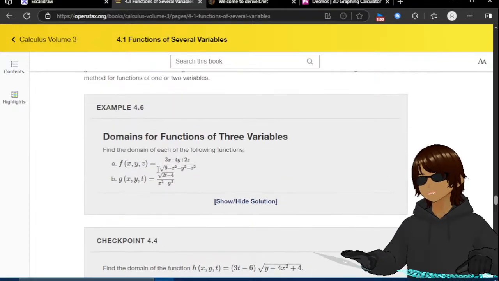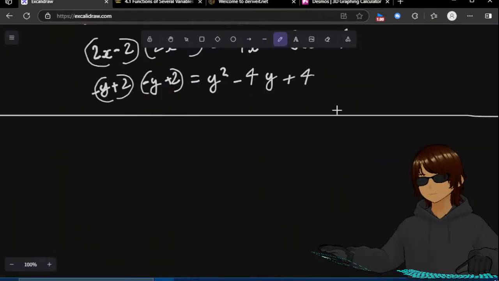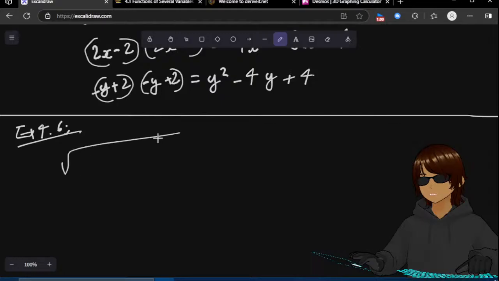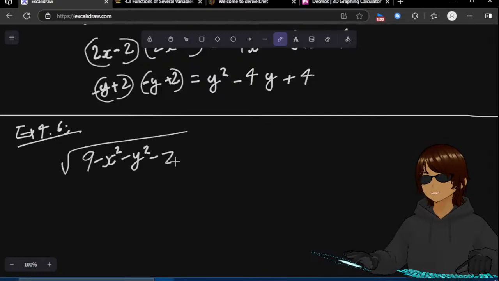Domains for functions of three variables. So the numerator can be anything, but the denominator, there's a square root. This is an issue. So 9 minus x squared minus y squared minus z squared. And this is example 4.6. So root of 9 minus x squared minus y squared minus z squared. This has to be positive, right?